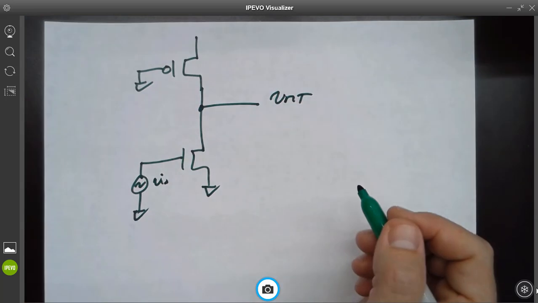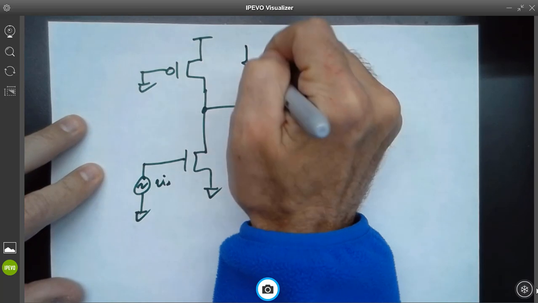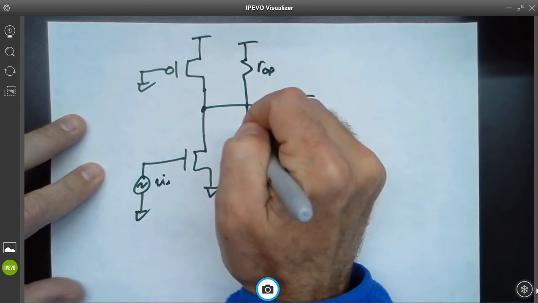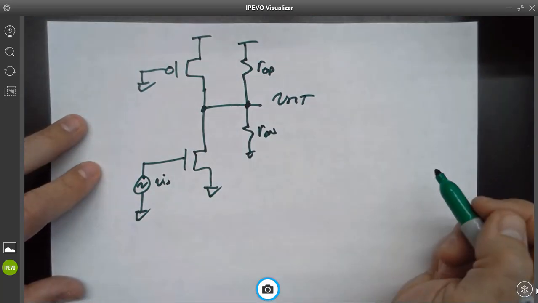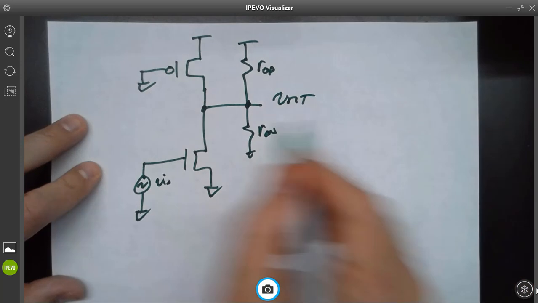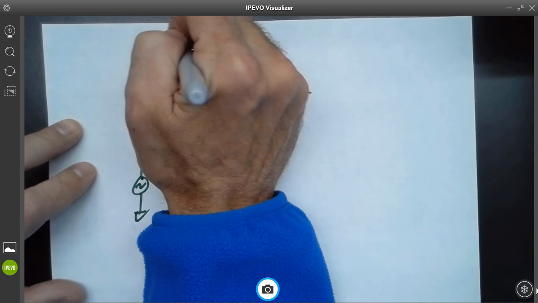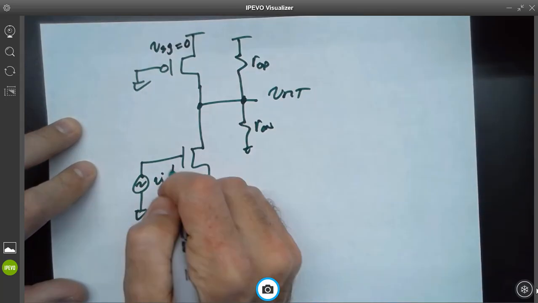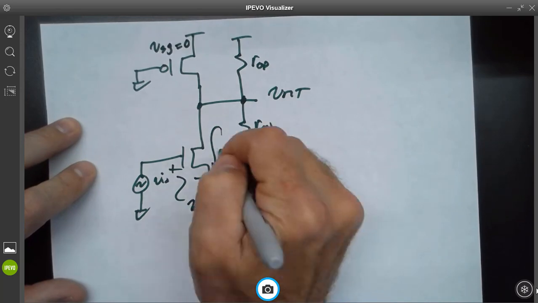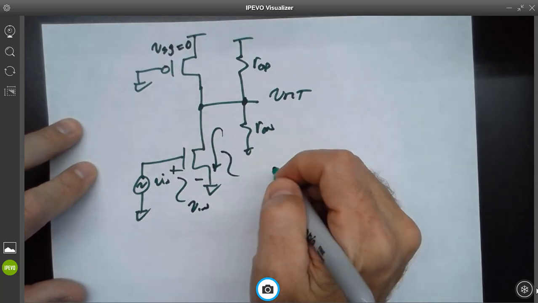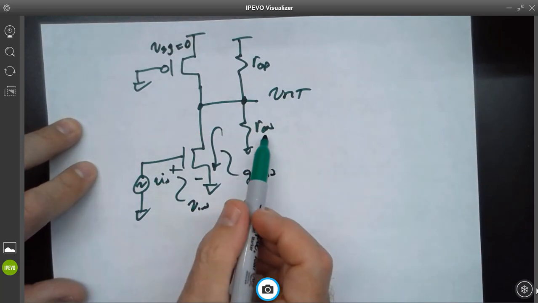So I'm going to sketch the output resistances of the transistors, external to the transistors. So what is the VSG of this transistor? And what's the VGS of this one? So what's this current here? GM times V in, because I put the R out here.